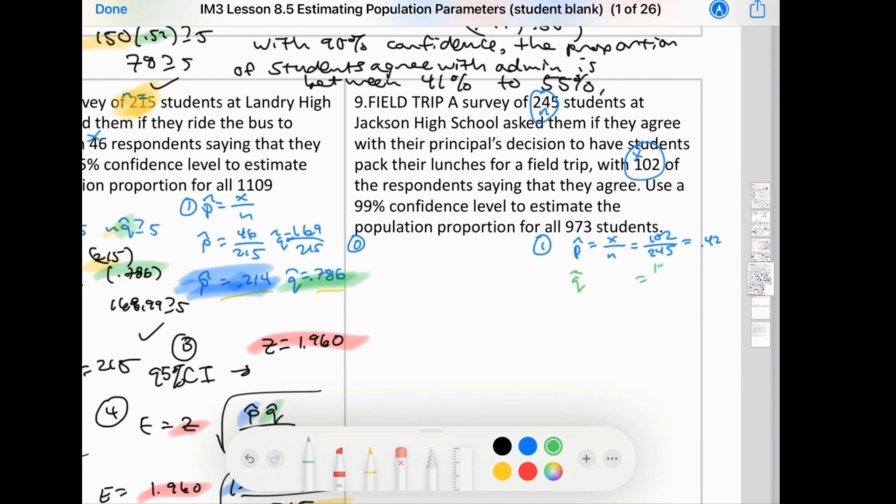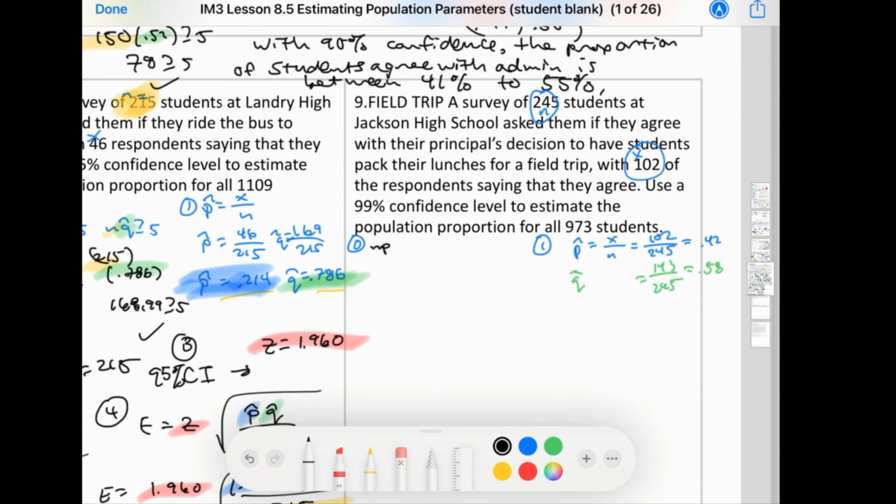I should have done it in my head. 143 over 245, and that'll be the complement, so 0.58. Okay, so q hat equals 0.58 and p hat equals 0.42. So more people are against the idea for right now, what we can see.